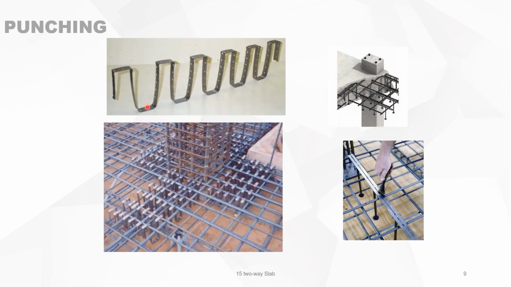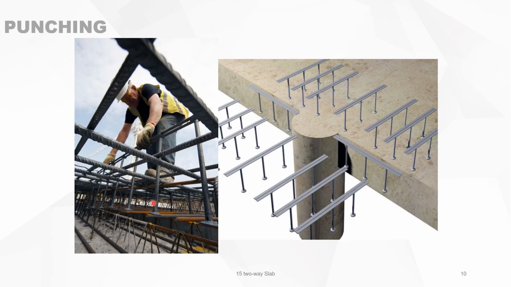You can also have punching shear reinforcement like this, but the most practical are the punching shear dowels mentioned here or on this next slide. You see that those dowels are very easily put down with no big effort.